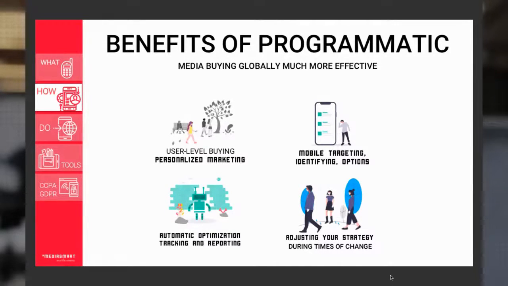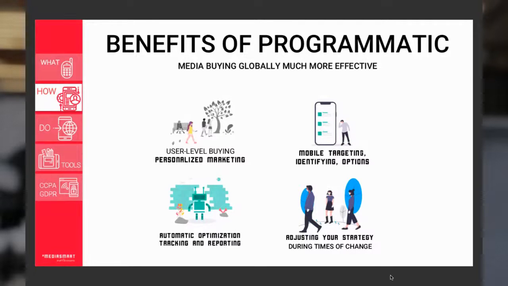So why do we work on programmatic? Well, the benefits of programmatic and buying media this way in real time is that you can personalize your marketing at the user level. You can also identify options for mobile targeting. Again, one of the ones that we mentioned is location, but there's a lot more that we're going to be looking at.